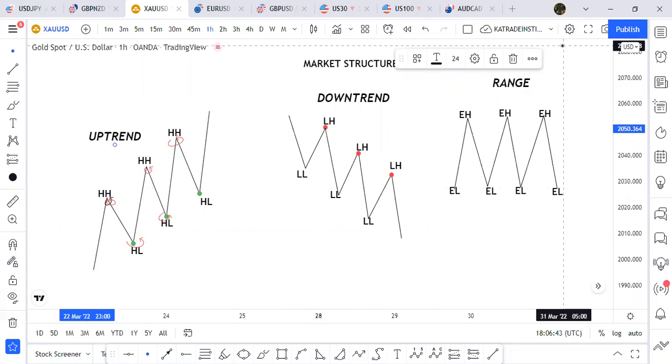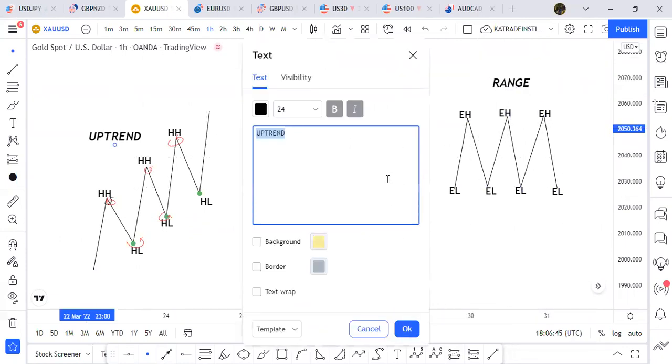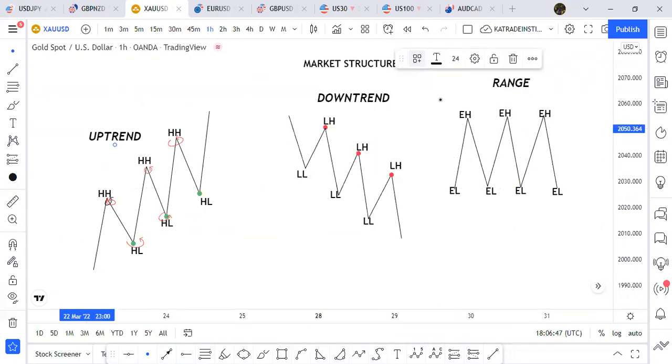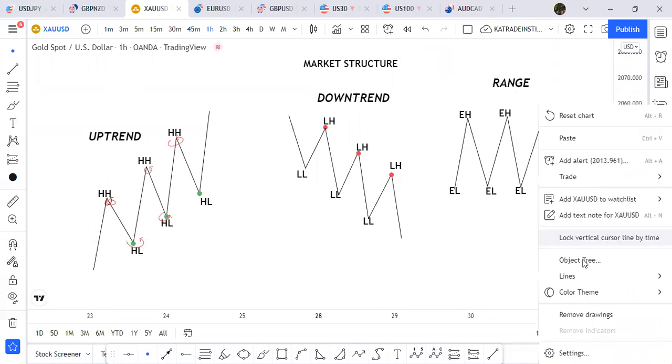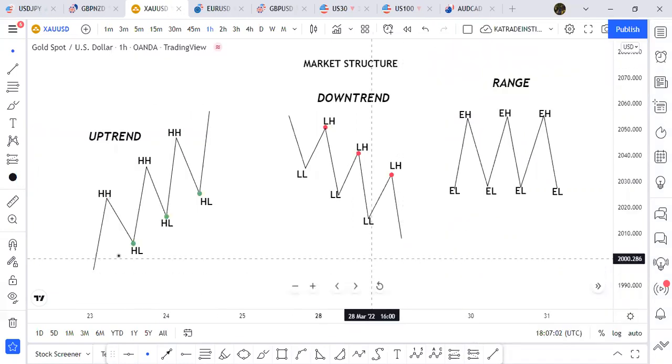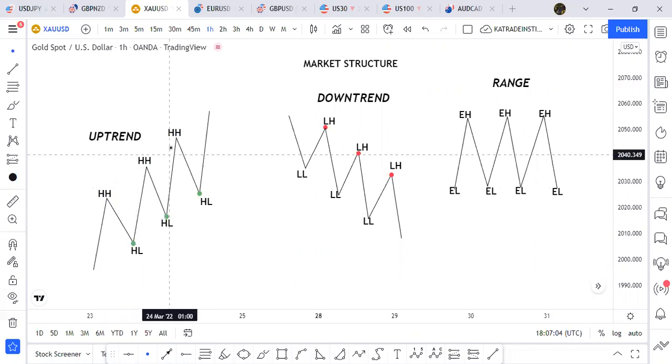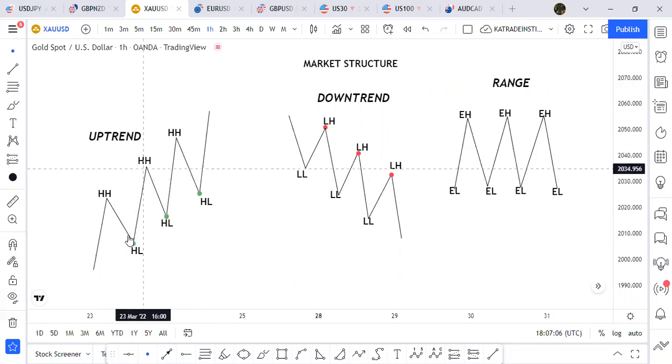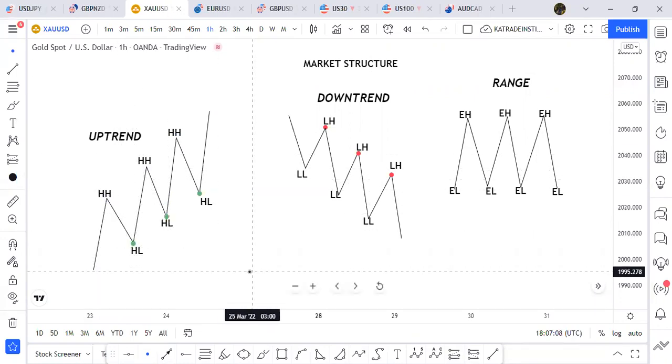In the uptrend structure, we only look for buying opportunities. The reason is the movement.